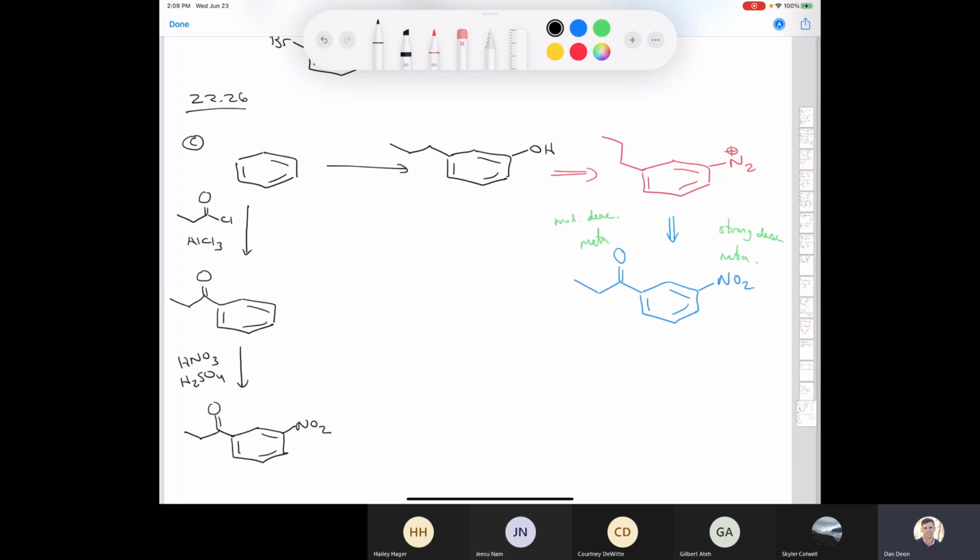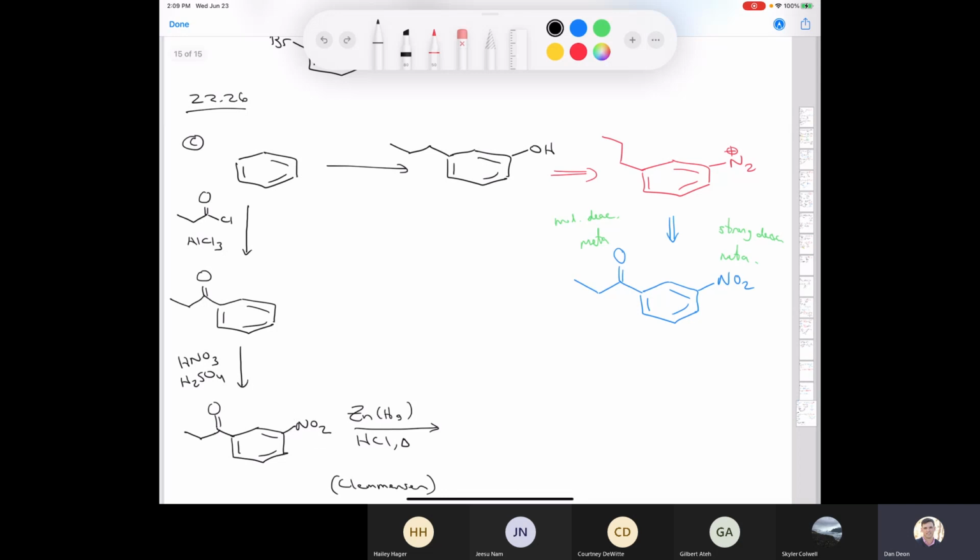And I actually made a note to myself in the notes that I have here at my desk. This is something that they brought up in the textbook. If we try to do the Clemmensen reduction, which is where you treat it with zinc and mercury amalgam, throw some hydrochloric acid at it and heat it up, it says here that it's actually going to reduce both the carbonyl and the nitro.